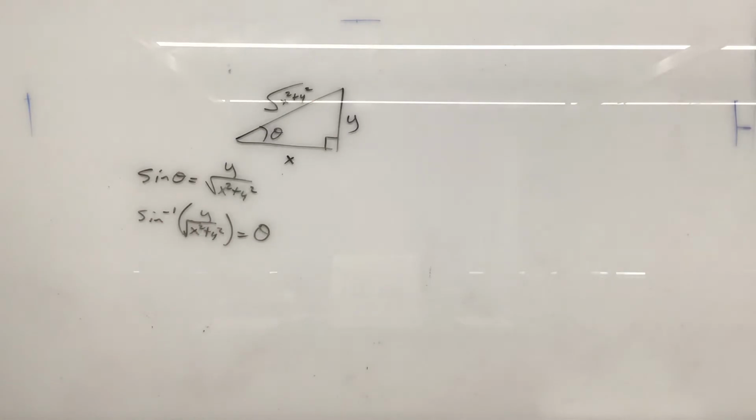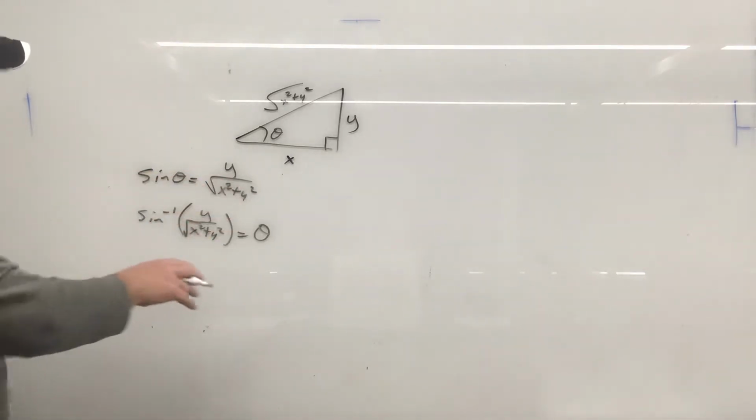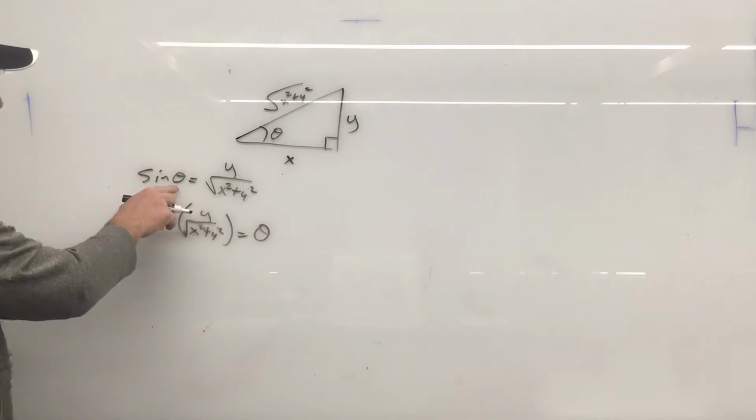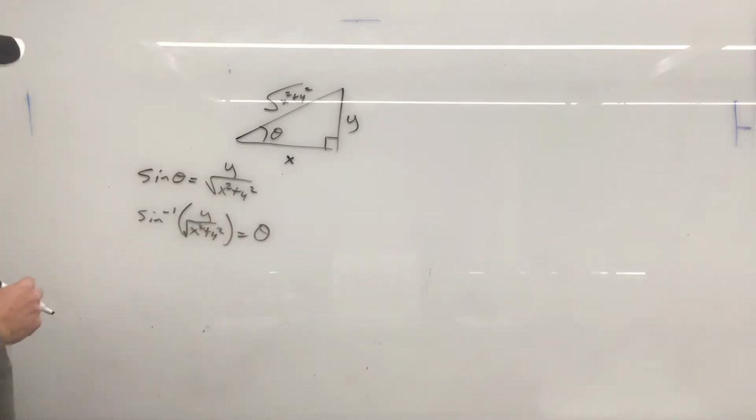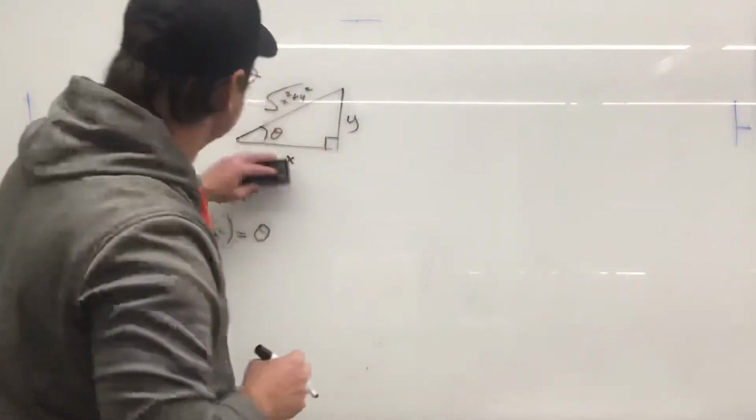All those same things that I just talked about as far as inverse functions still apply. So having that theta by itself, you're taking the inverse sine of whatever's on the other side.